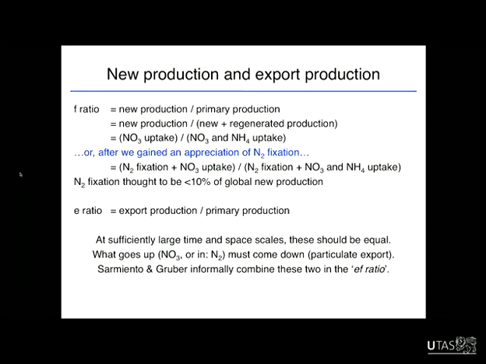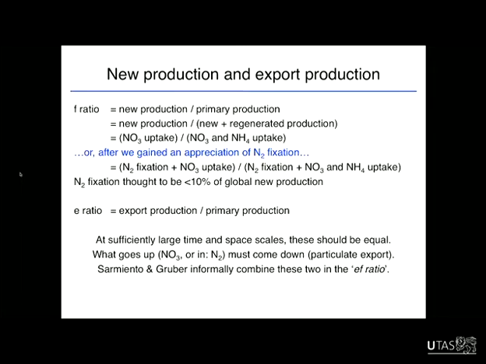So new production is basically a measure of nitrate uptake, whereas total primary production can be quantified as nitrate and ammonium uptake. So in the gyres, where recycling is efficient, a lot of the productivity is subsisting on ammonium. In coastal upwelling systems where there's active transport of nitrate to the surface, a lot of the productivity is subsisting on the input of nitrate.